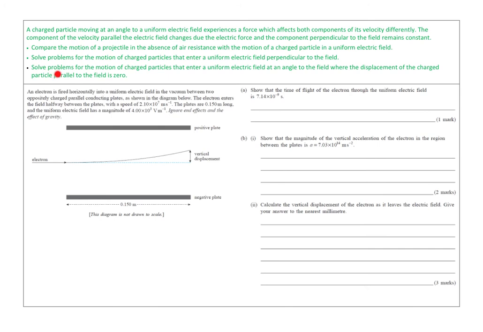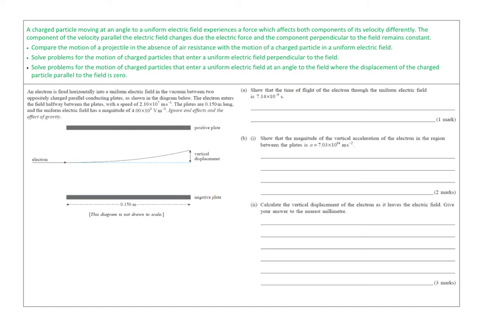Let me just read that one again. Solve problems for the motion of charged particles that enter a uniform electric field at an angle to the field where the displacement of the charged particle parallel to the field is zero. That's quite a complex statement. I actually think that by saying the displacement parallel to the field is zero, that basically means a charge that enters the field and goes up.